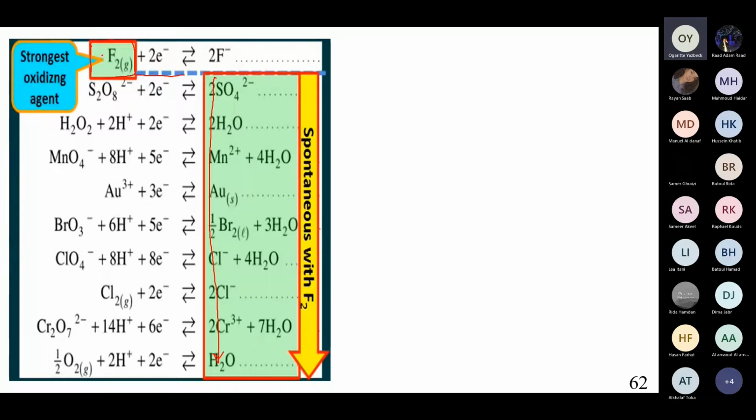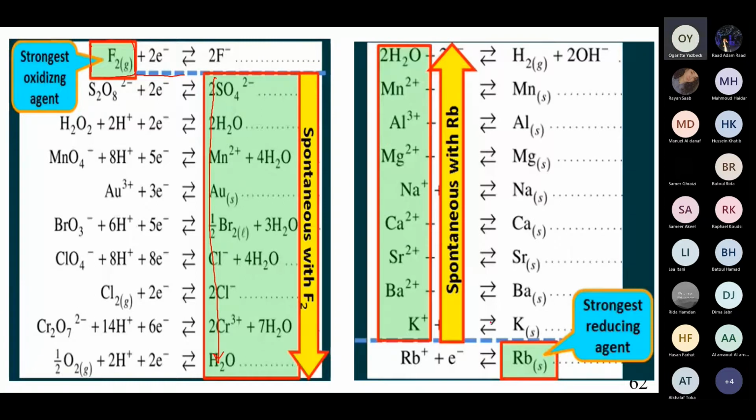Okay, so, for example, Fe2 is the oxidizing agent and it can oxidize any of these. Rubidium on the lowest is the greatest reducing agent, and it can reduce anything on the left-hand side above it, because then there's a gamma reaction like that.